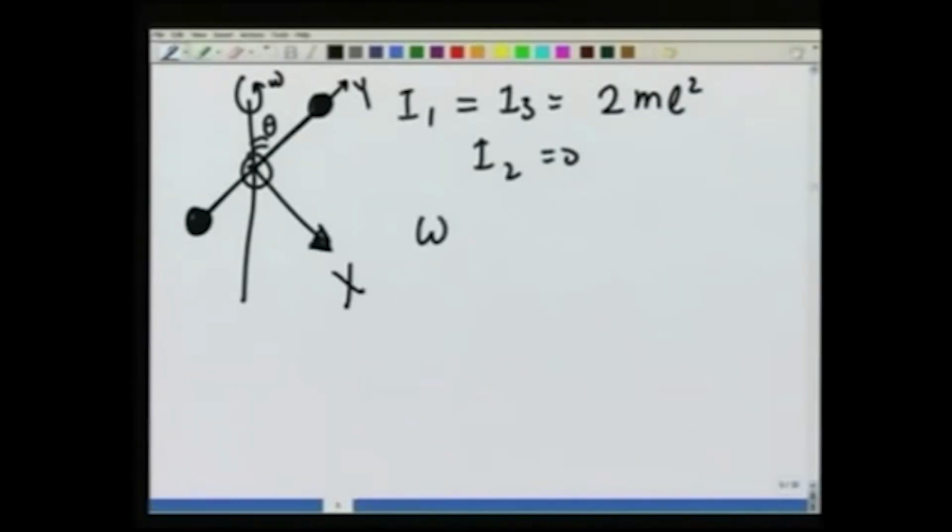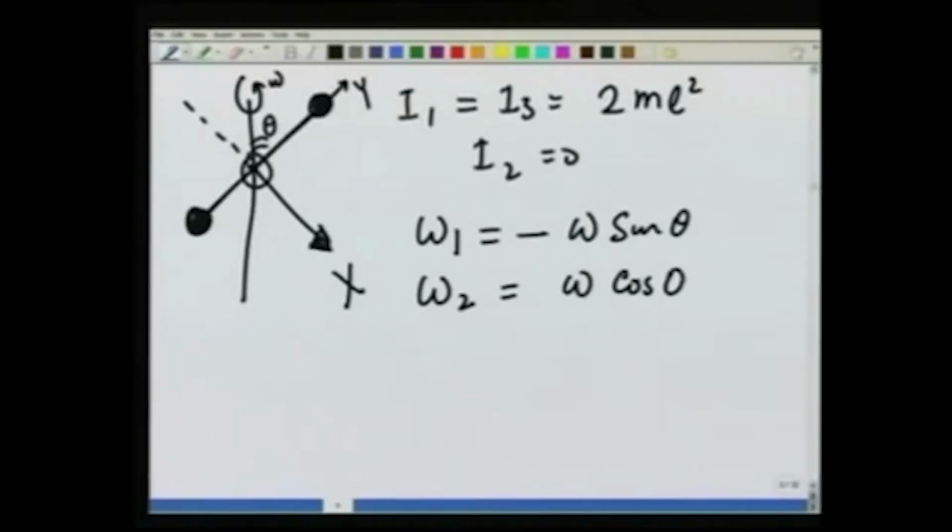So, omega 1 you can see is in this direction and is equal to minus omega sine theta. Omega 2 is along the y axis and is at this point omega cosine theta, and omega 3 is 0.